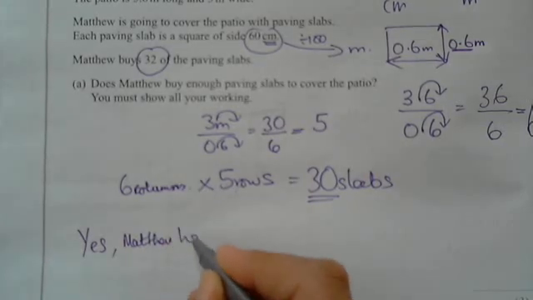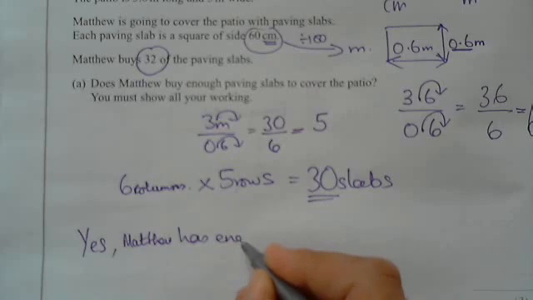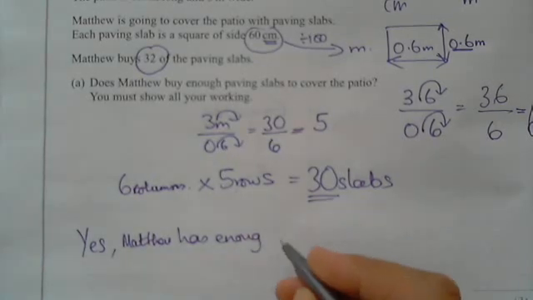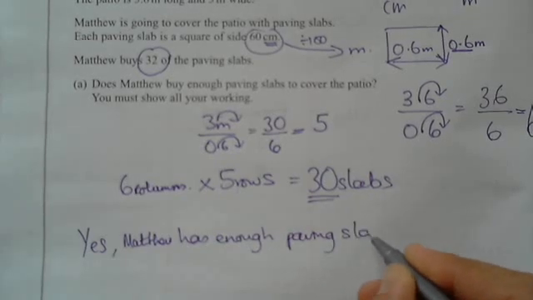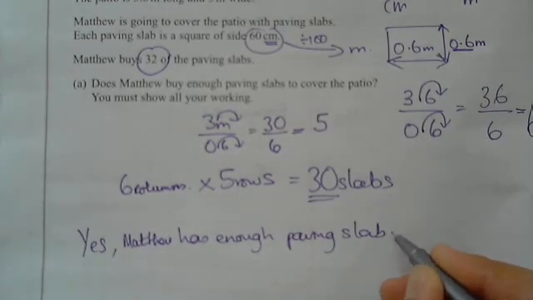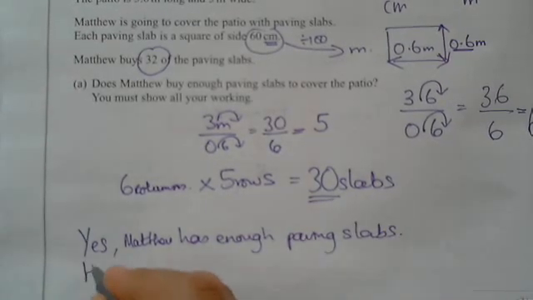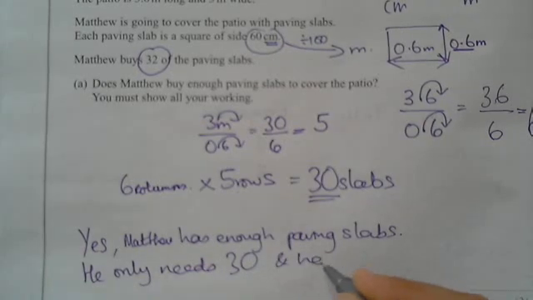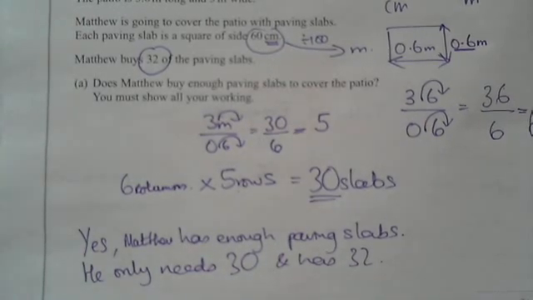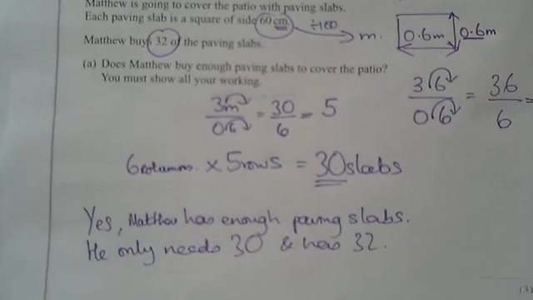Matthew has enough paving slabs. He only needs 30 and has 32. Okay, moving on to the next question.